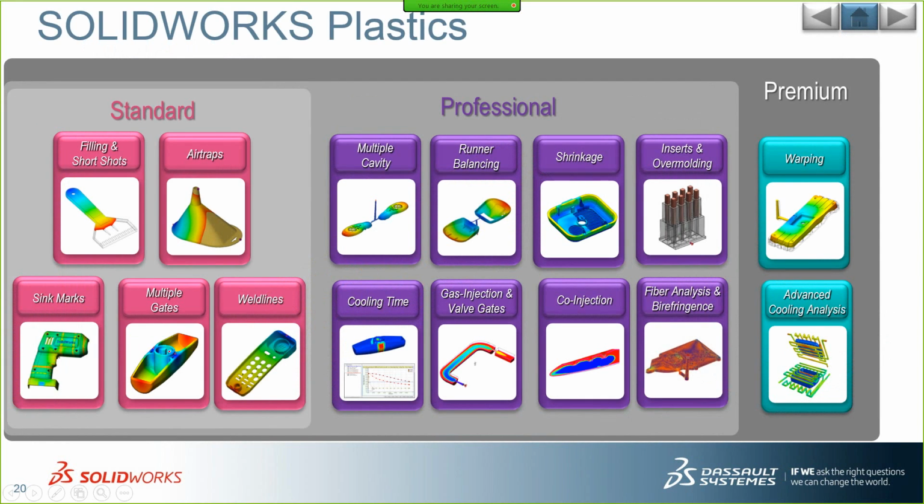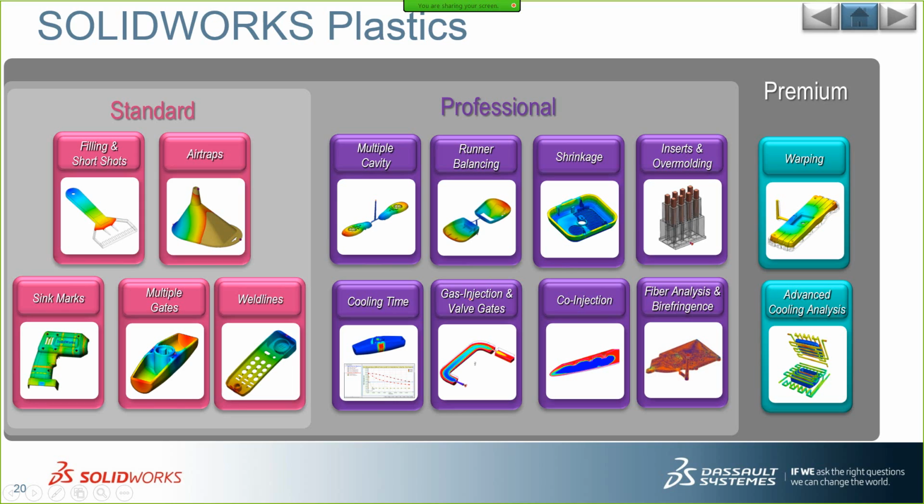So this is all about plastics standard. We'll have a look at it in the software as well, but this is what its capability is. A few other things in terms of simulation professional, if you can quickly see on the screen, we can simulate multiple cavity. It has a runner balancing option. We can do shrinkage. We can simulate insert over molding.